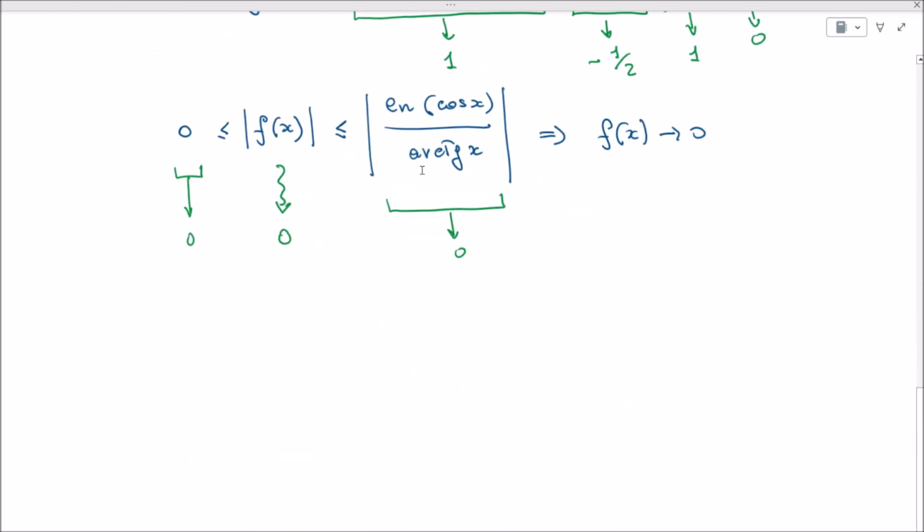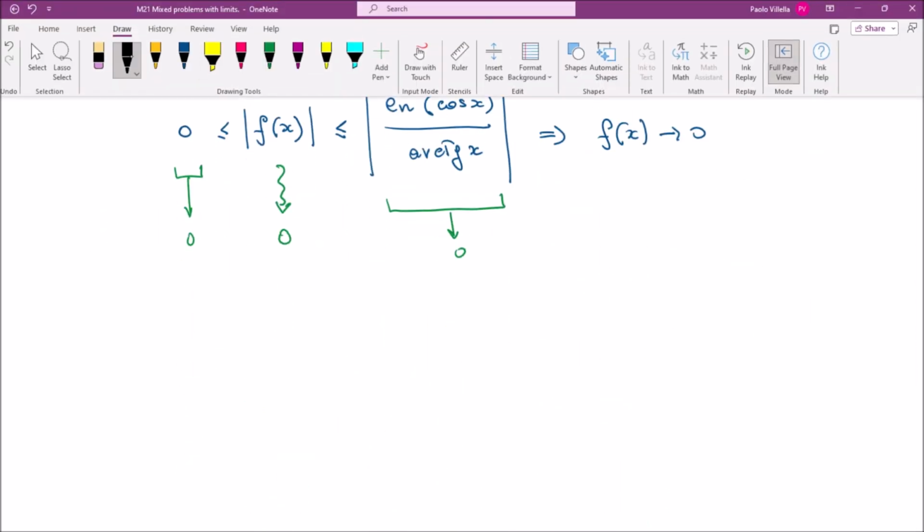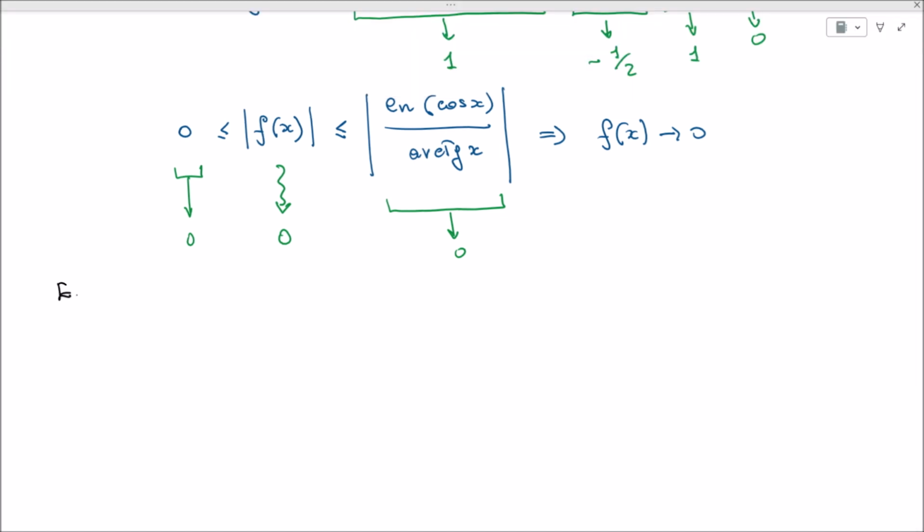Let's do a little bit of modification to the example. Let's consider this example 2, where we consider once again the limit as x goes to 0 of the logarithm of cosine of x.